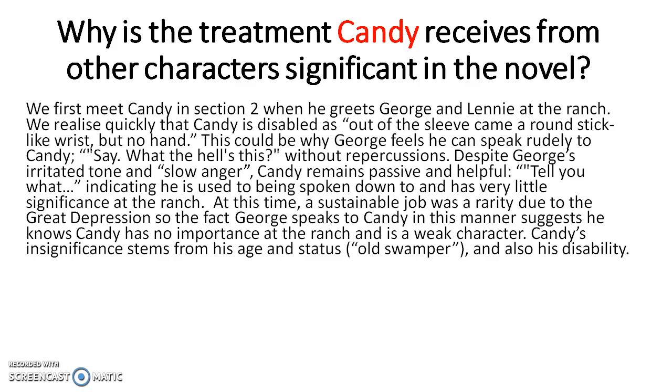Other points to make are, for instance, in section 2, when we first meet Candy, useful things to say would be how Candy affects how the reader perceives other characters.